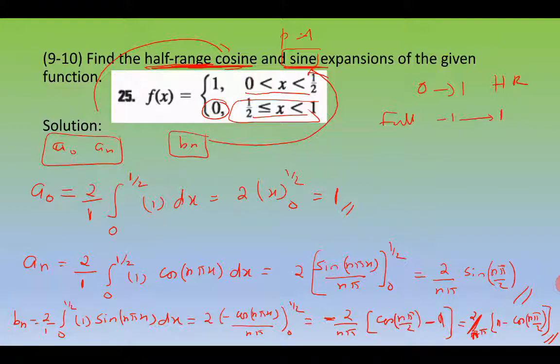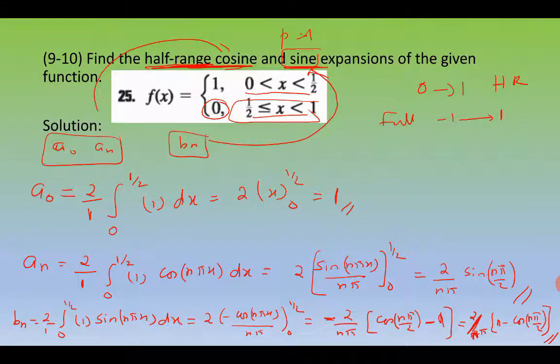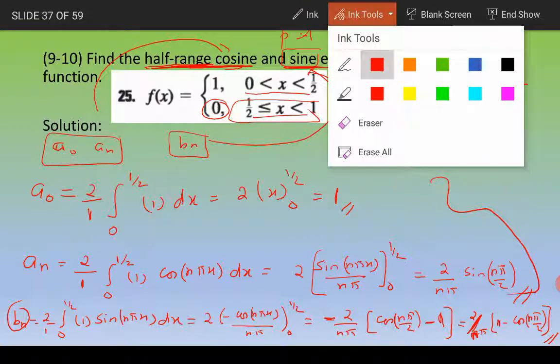Now separately we should write, not as one Fourier series. Finally we will write the answer using these two. Using the first two we will write the half range cosine series. Using Bn we will write the half range sine series.